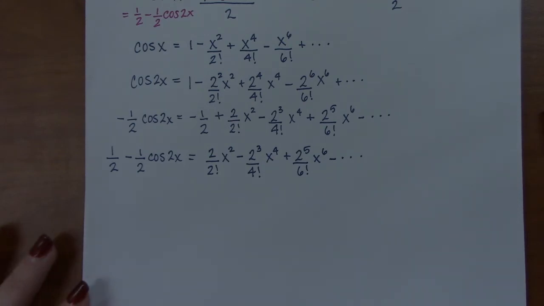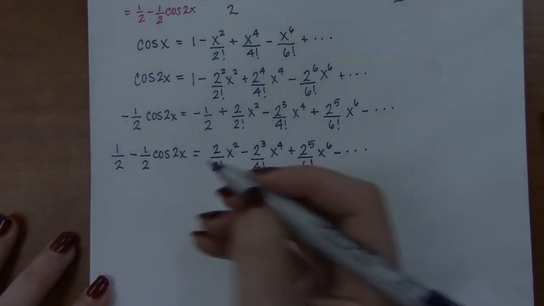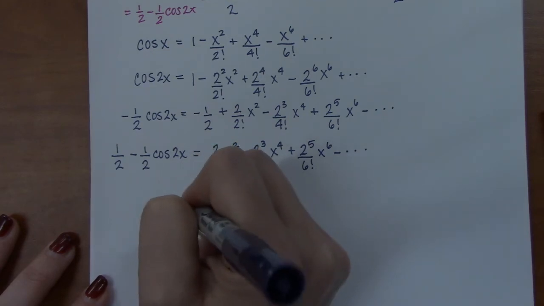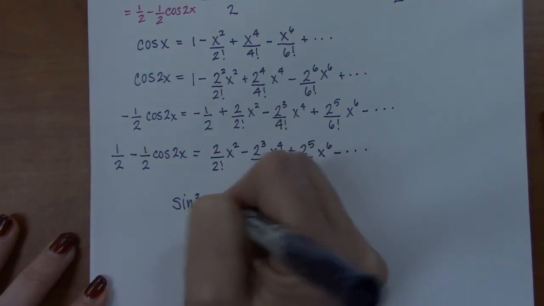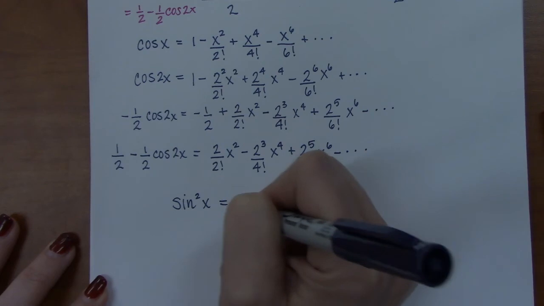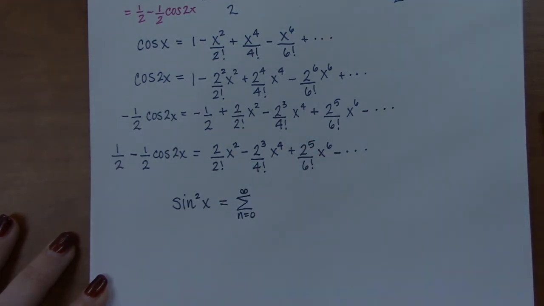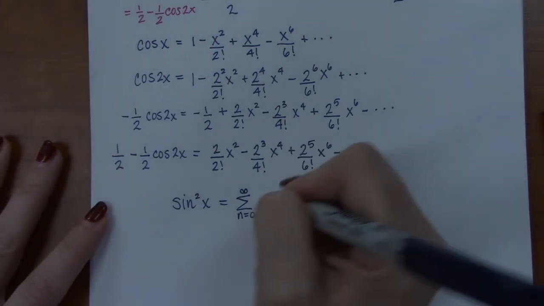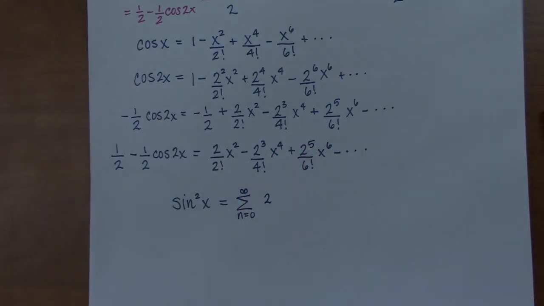If I want to write it as an actual power series, well, we usually want to start from 0. And so what we have to do now is a little pattern recognition. I've got 2 raised to some stuff, and I want to make sure that when I plug 0 into the exponent, I return a 1, because I want to get 2 to the 1 as my first term.